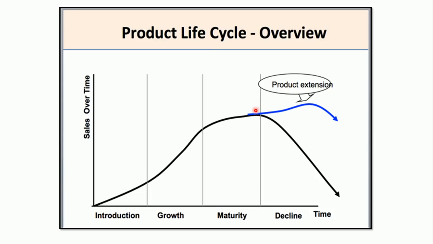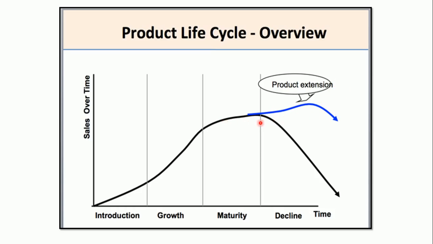But they started it directly in the maturity stage. When companies see that their product is in a declining phase, at that time they start the Alto, and now they extend the maturity phase. They increase sales by using these Maruti Alto vehicles. Then we again start the next product extension, called the Alto 800.